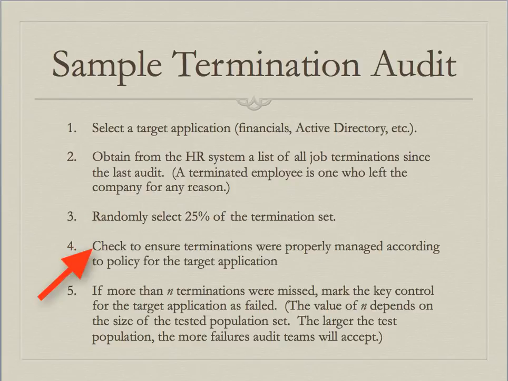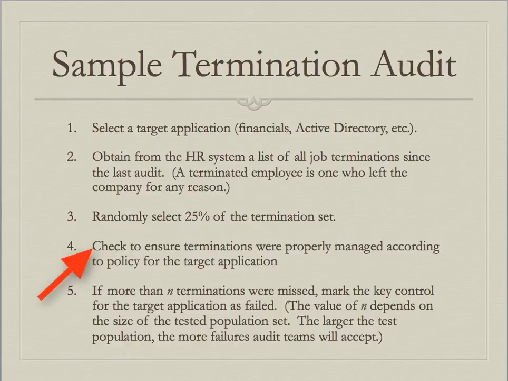The auditors then check to ensure terminations were properly managed. So they're going to go into either the target application, if we're going with step number one, or they're going to go across all applications to determine whether or not the accounts for a specific employee were terminated.